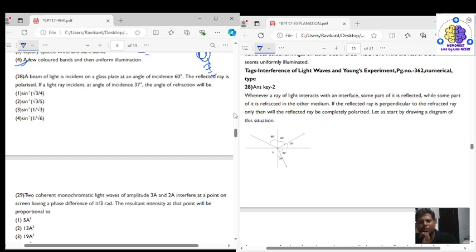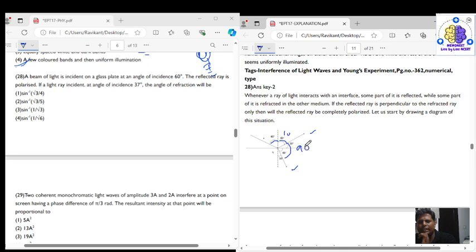So see here in the figure, the light ray is getting incident at an angle of 60 degrees. Now when it gets reflected, this angle will be equal to 60 degree, and because it is getting polarized, the angle between the reflected light ray and the refracted light ray will be equal to 90 degree.